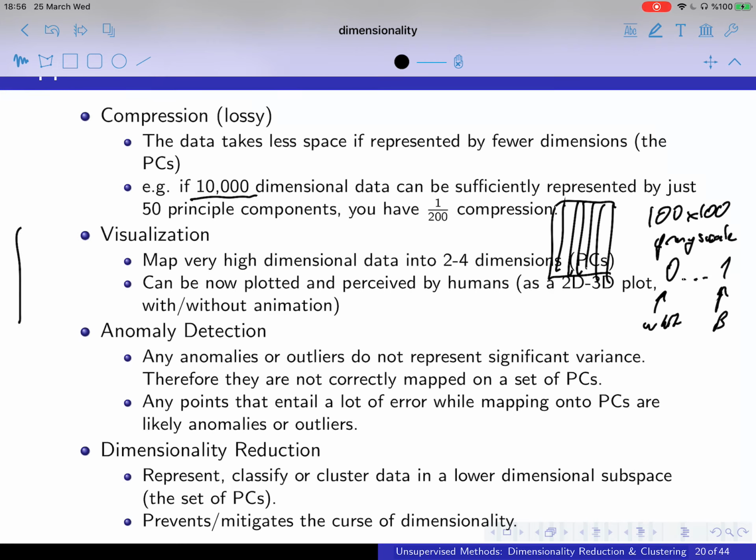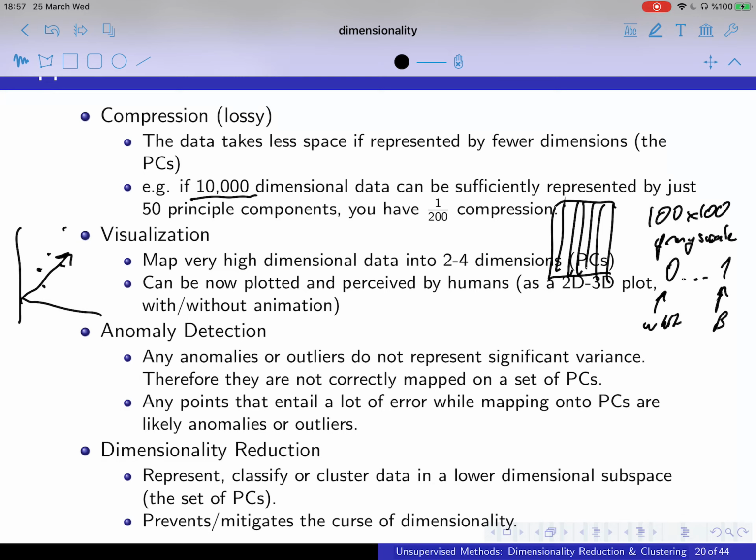You can plot it on a scatter plot and look at the points. Even 3 dimensions, maybe you can plot as a surface or as a volume and see what it looks like. Maybe rotate it with a computer so you can see 3 dimensions. Even 4 dimensions, you might add time and see how it changes. So it's a 3-dimensional animation now.